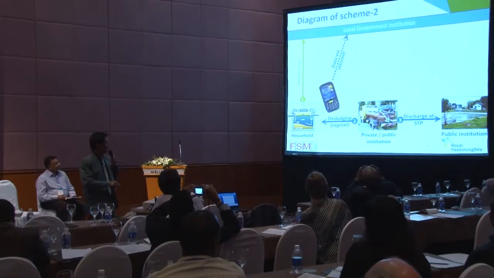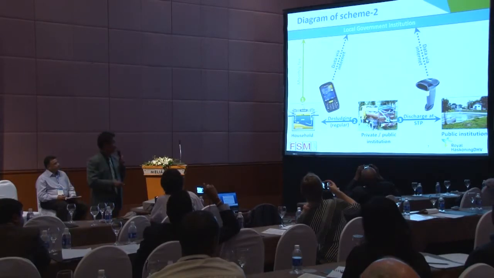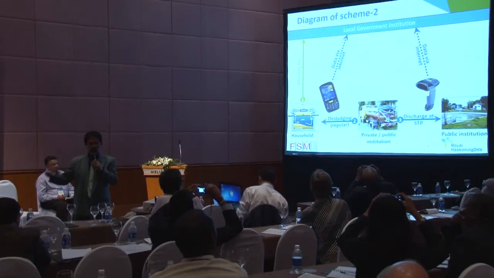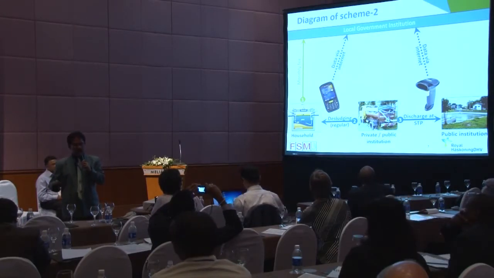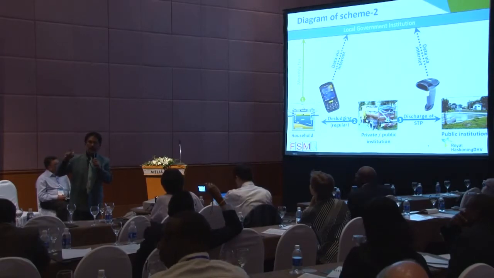When they discharge, the operator here can scan the barcode of the truck driver and send it, and by that the local government can already prepare the bill. If the monthly fees cannot cover the discharging every 2 years, then they already know this additional charge has to be given.